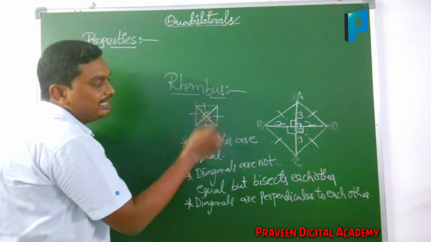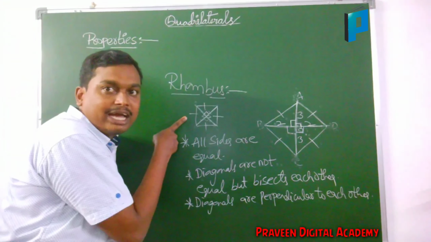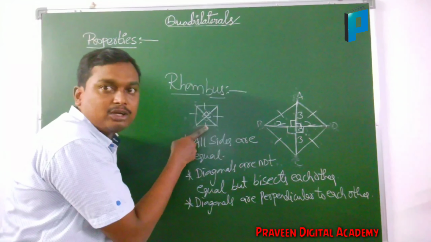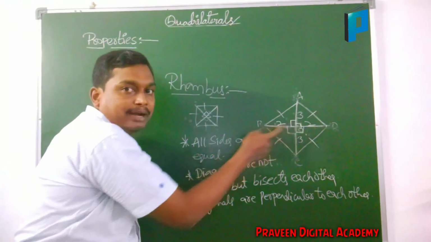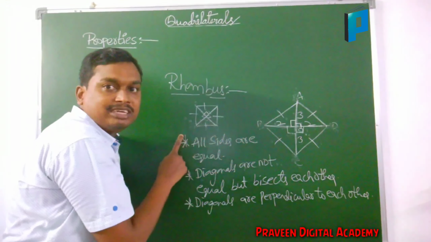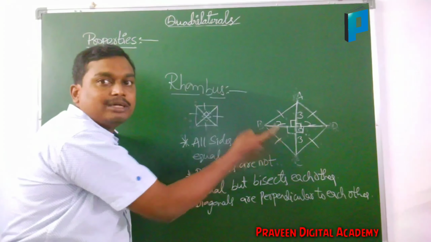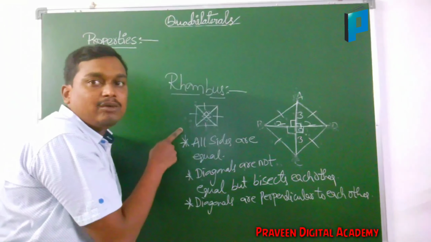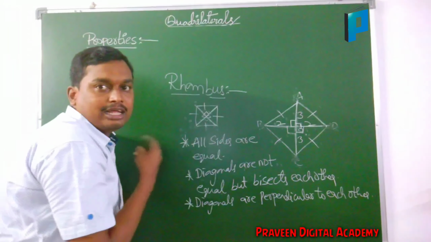We can say in a square diagonals are perpendicular to each other. The only difference between a square and rhombus is diagonals are not equal in the rhombus, diagonals are equal in the square. That's it. Other than this, both are equal.